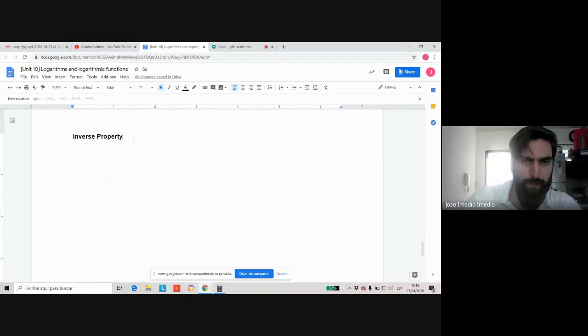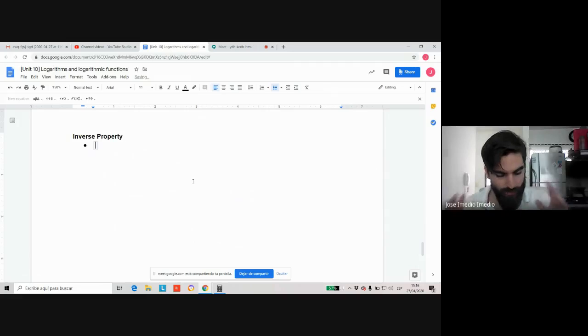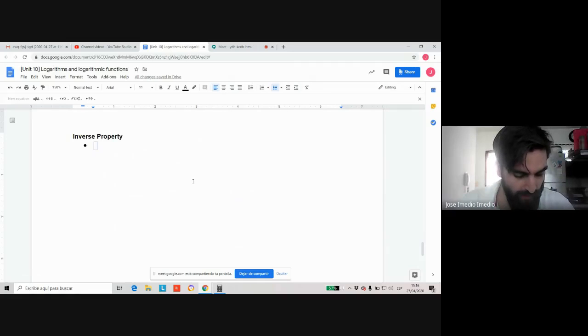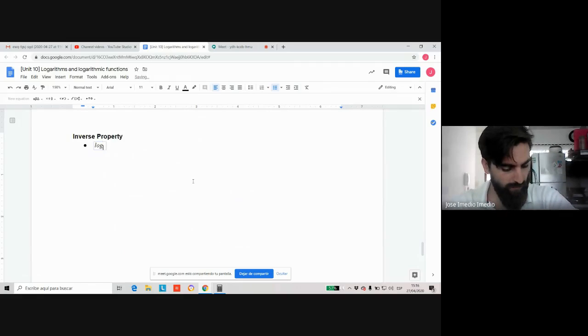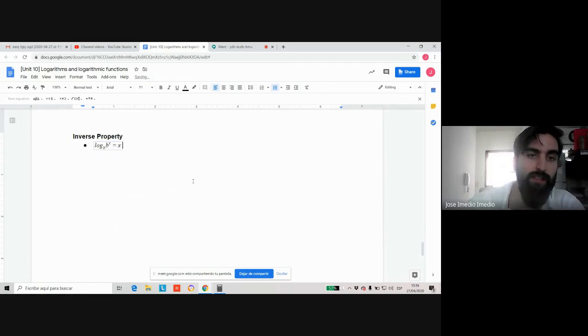The first part is easy, and the second one is a little bit more confusing, but you guys need to know. So the first one, as I said, once you think of it, it's quite intuitive. Logarithm base b of b raised to the power of x is x.